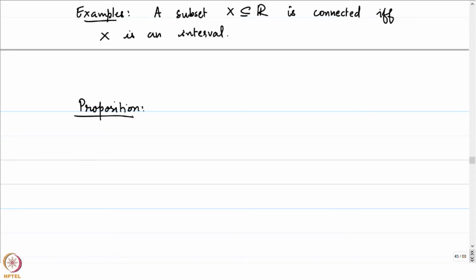The proposition tells us how connectedness is behaving under continuous maps. So let f from X to Y be a continuous function between metric spaces.